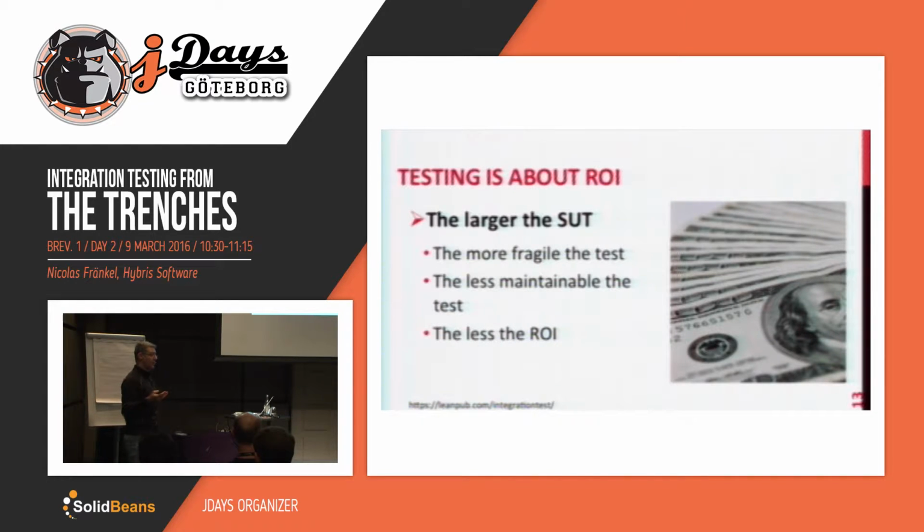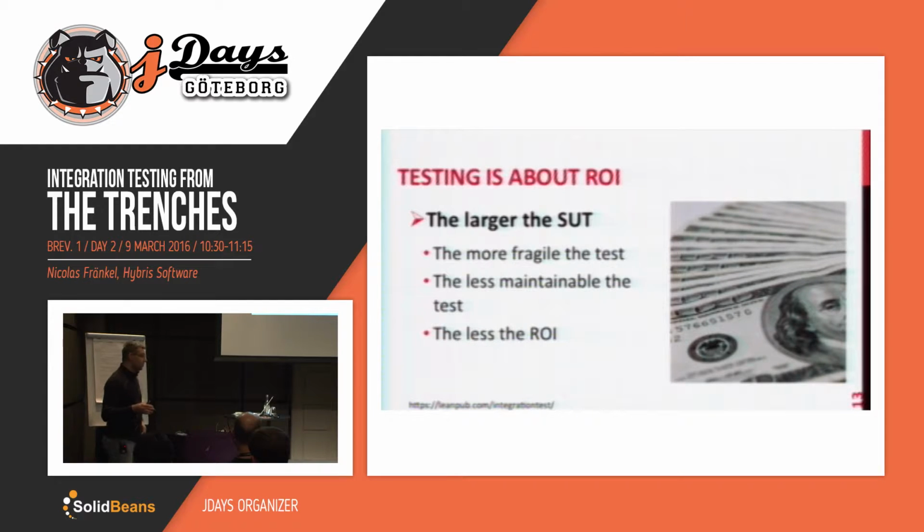At some point in time, what happens? You remove it. And so in this case, you spend time writing the test, you spend time maintaining the test, you spend time analyzing that the test was not the problem, it was some infrastructure, and so you've lost money.